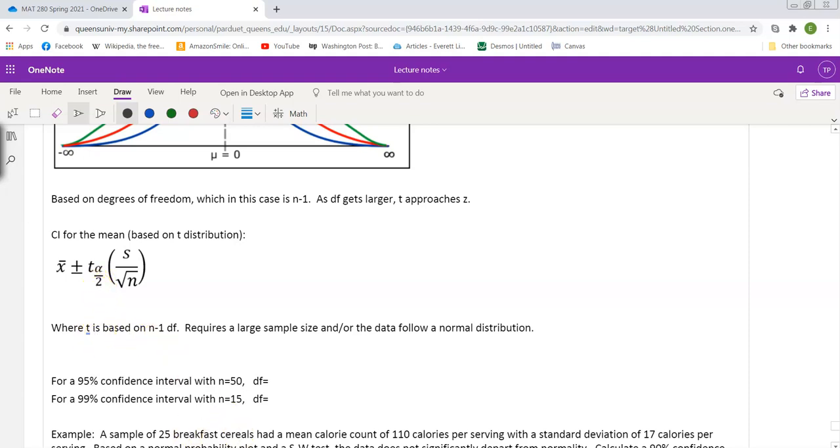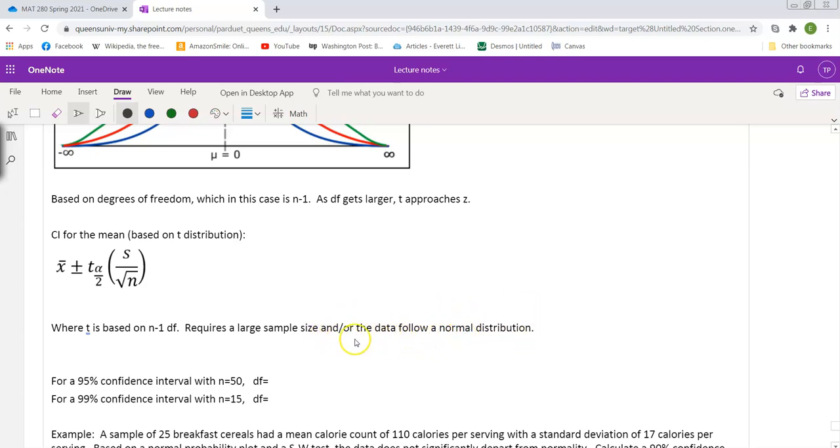And by the way, we didn't have to have this before, but since we're using this distribution, we need to know either that we have a large sample size or that the data follows a normal distribution. Technically it's based on the assumption that the data follows a normal distribution. But if you have a large enough sample size, you kind of waive that requirement.